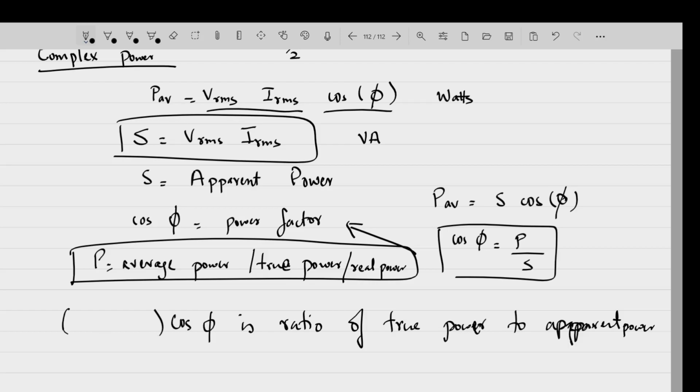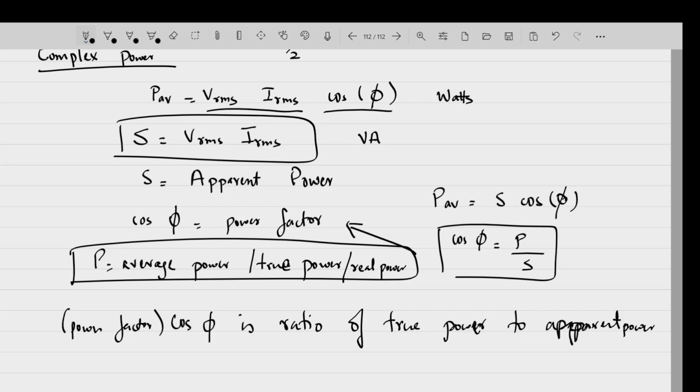So it conveys to us what is the actual amount of power that is being delivered to the load. Fine. So apparent power is what should have been produced, what is actually produced by the system.